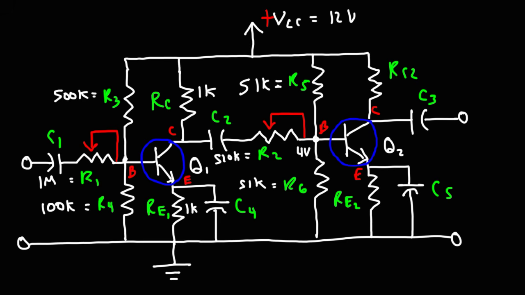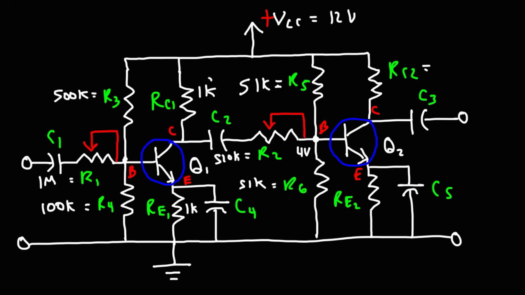Now let's call this RC2 and RC1. During the second stage of the transistor, you want to make sure that the current gain is relatively high. The first stage is useful for increasing the voltage gain, but the second stage, you want it to increase the voltage gain if needed, but also the current as well. And so to increase the current gain, you want to decrease the value of RC2.